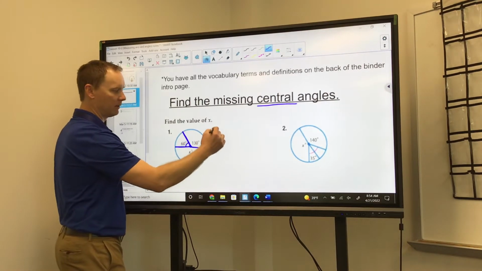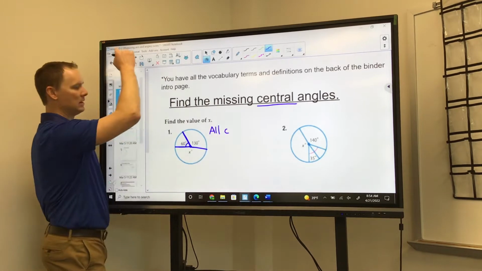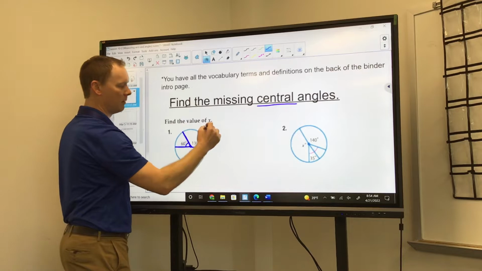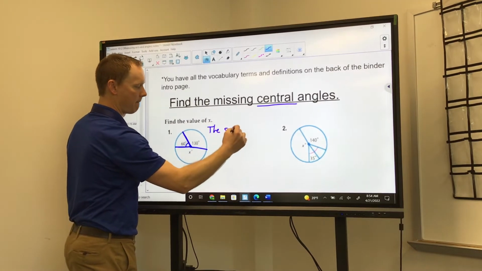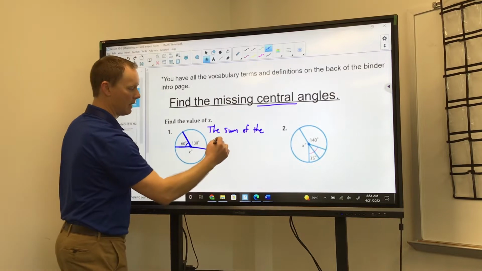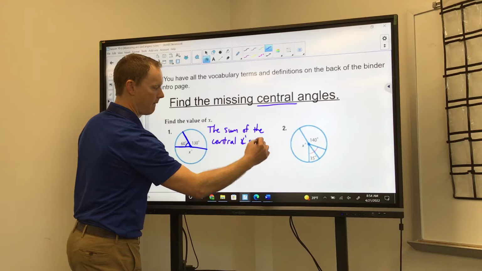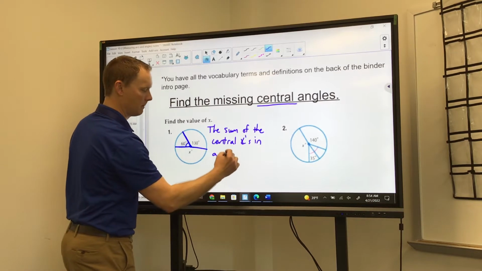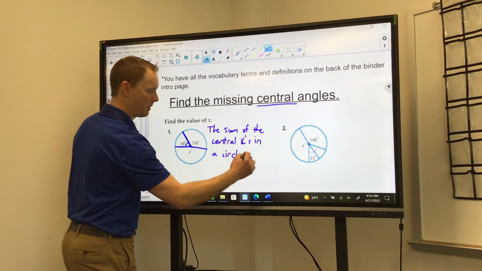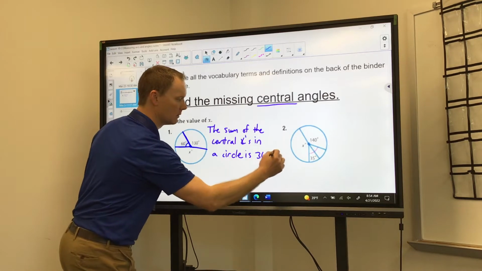Hopefully it makes sense that the sum of the central angles in a circle is 360 degrees, okay?